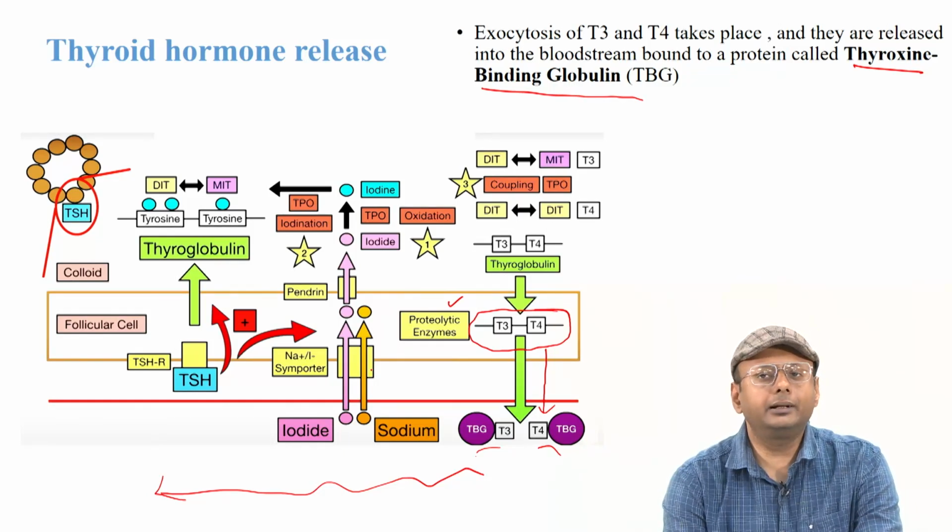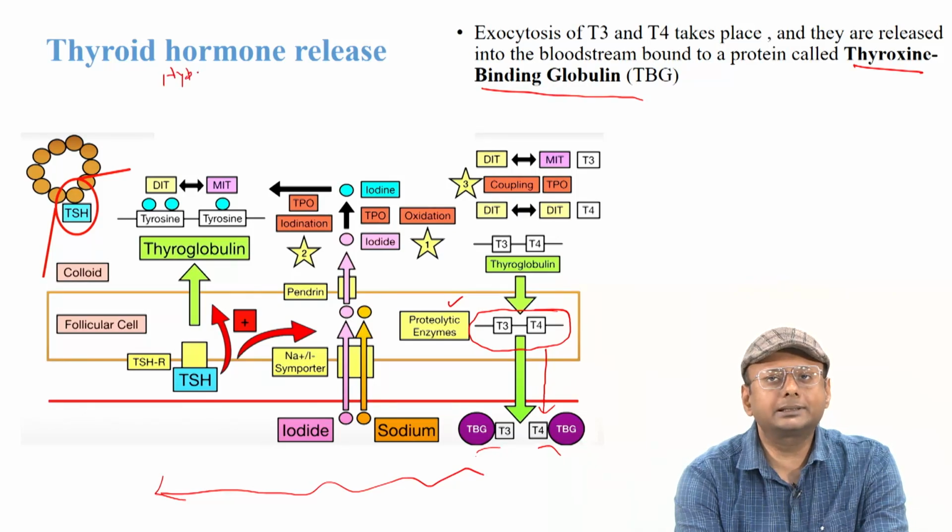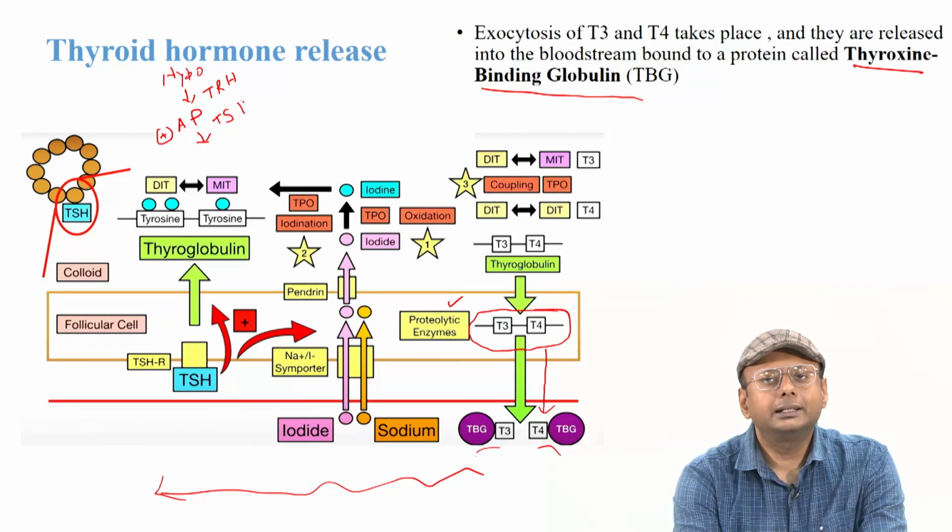If we quickly rehearse what we said, first we have the hypothalamus, right? The hypothalamus secretes thyroid releasing hormone that eventually stimulates the anterior pituitary, and the anterior pituitary releases the TSH, or thyroid stimulating hormone.